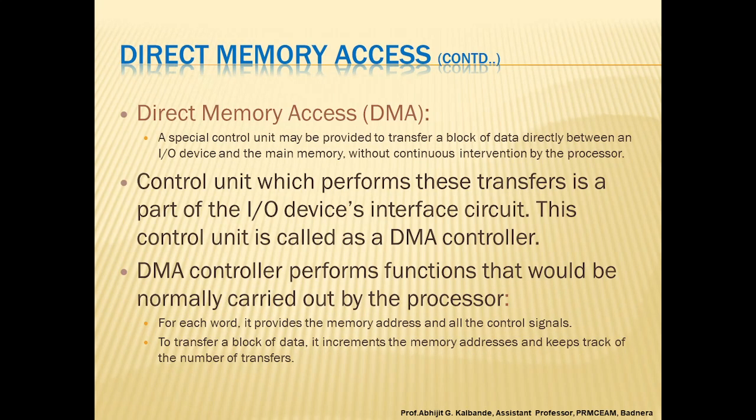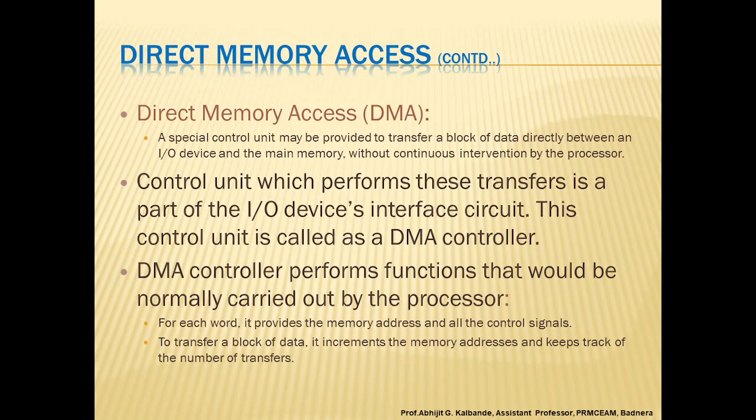In direct memory access, we can also say that it is a special control unit that may be provided to transfer a block of data directly between IO devices and the main memory without continuous intervention by the processor. The control unit which performs this transfer is a part of the IO device interface circuit, and this control unit is called the direct memory access controller.